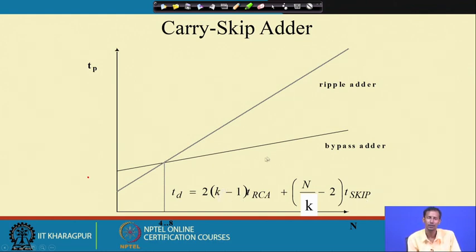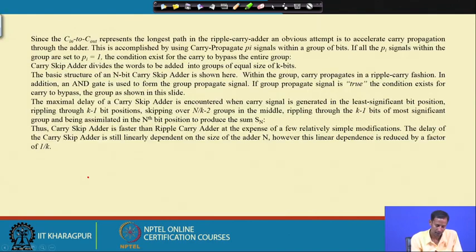So, what I said in the previous slide is that the carry skip adder is linearly dependent on the size of the adder n. However, this linear dependency is reduced by a factor of k. So for smaller values of n, I will not get that much benefit in the carry skip adder.